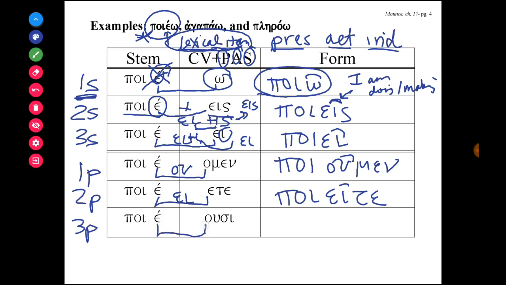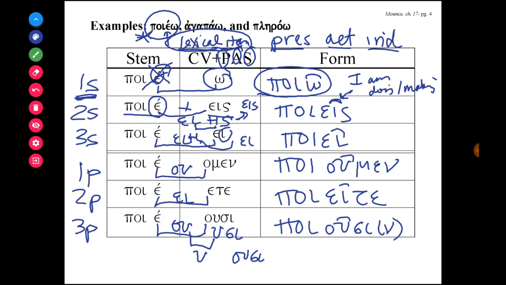And then epsilon plus omicron is oo, but you have a like vowel, and 2 like vowels combine, and so the final form is usi. And so to say they are making or doing, it's poi-u, si, or sin. So these are the forms.